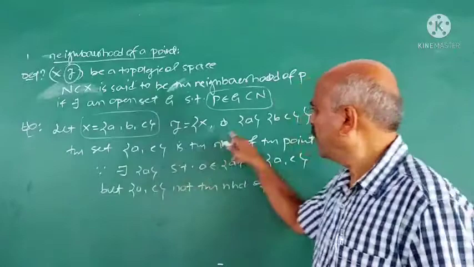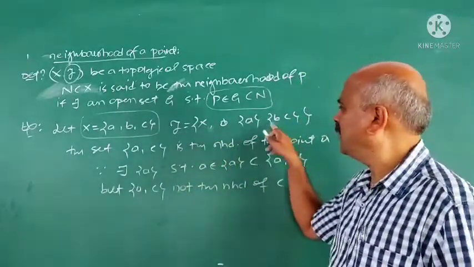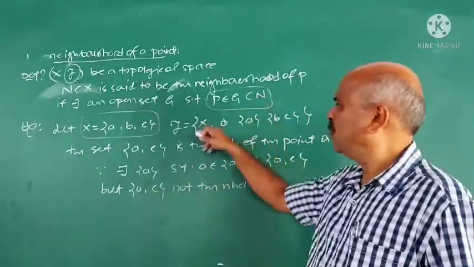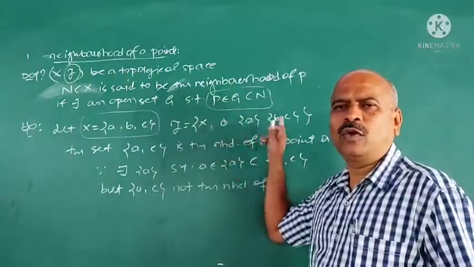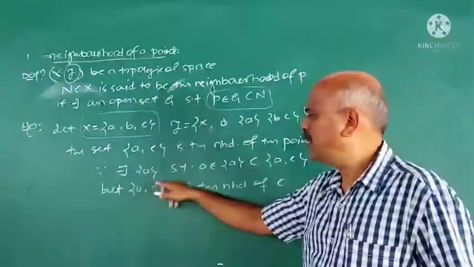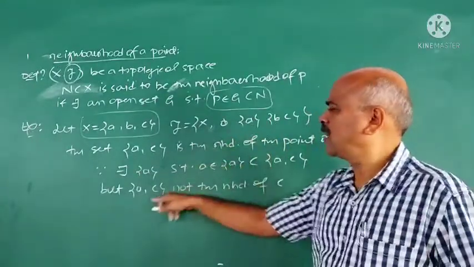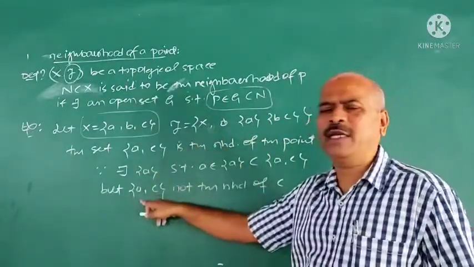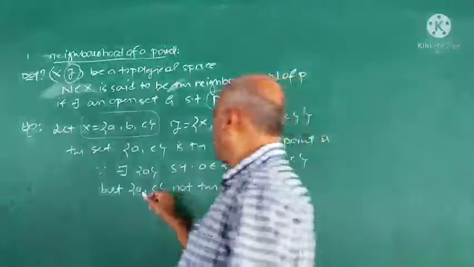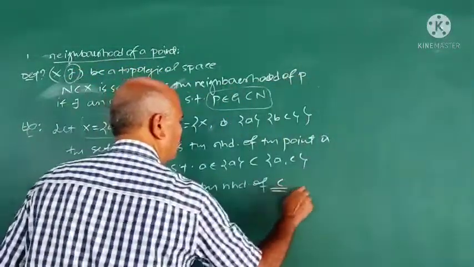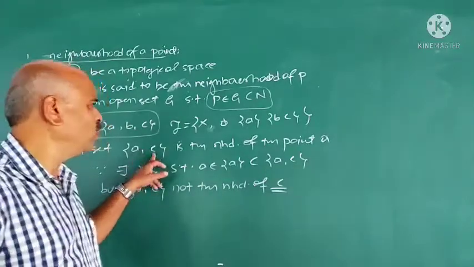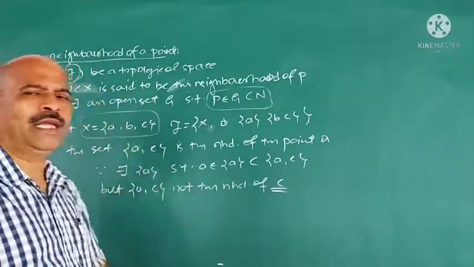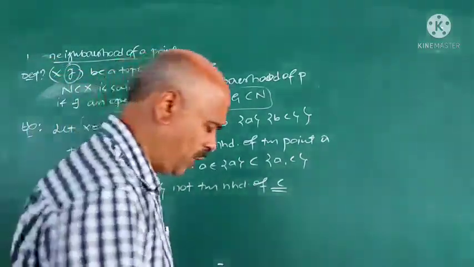And what are the open sets containing C? BC and X are the two open sets containing C. But BC is not contained in AC, and X is not contained in AC. Therefore, AC is not the neighborhood of point C. And here, AC is only the neighborhood of the point A.